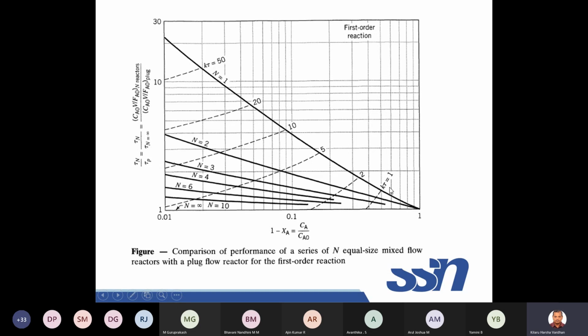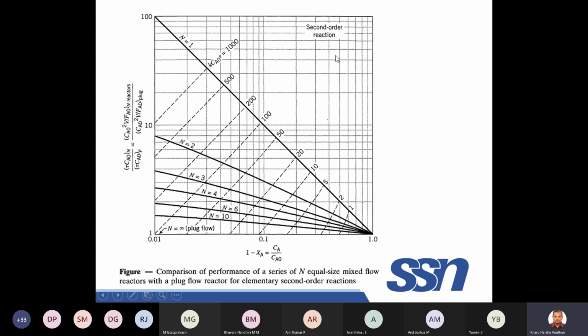As k tau increases, conversion increases, because if you come to this side, the conversion is increasing, therefore the value will come down, right? So you can see k tau as 1 here, k tau as 2, k tau as 5, like this. Those are very important curves, which compare n equal sized MFRs with plug flow reactors, along with one particular parameter, that is k tau for the first order reaction.